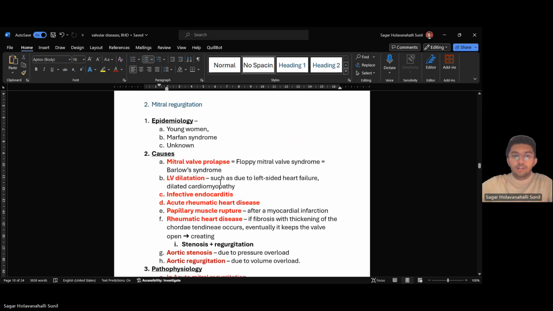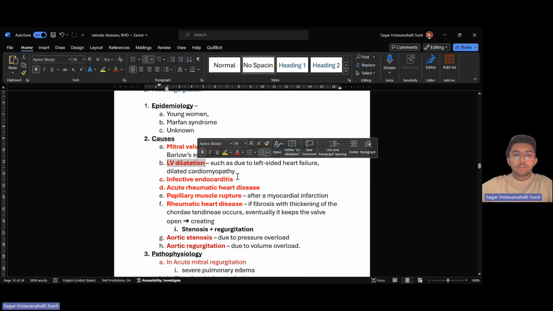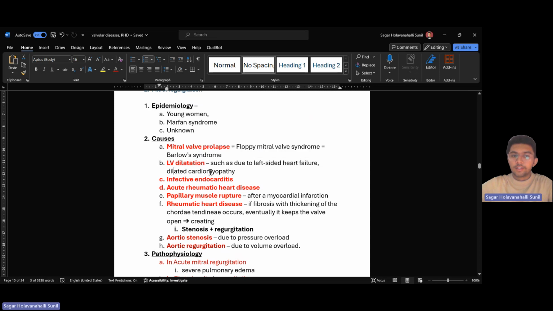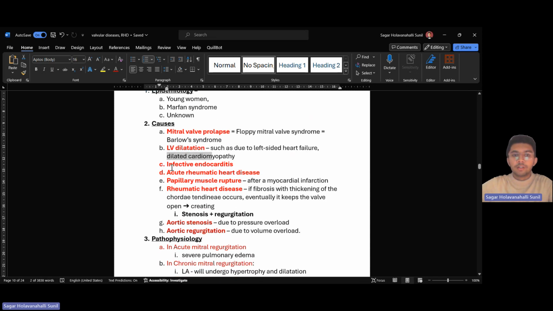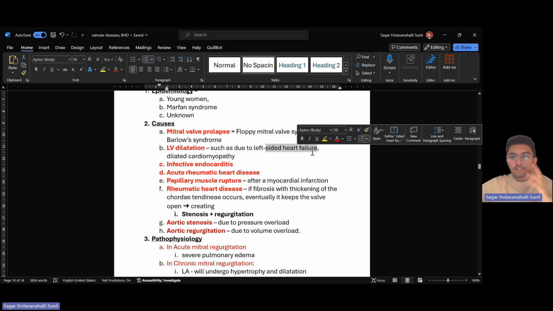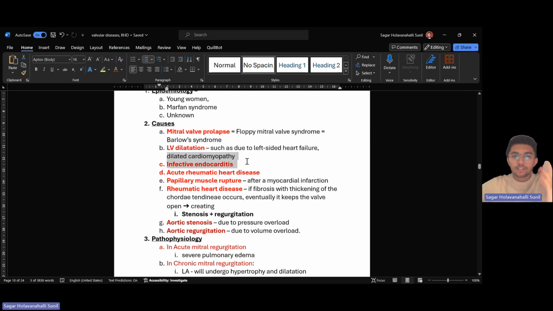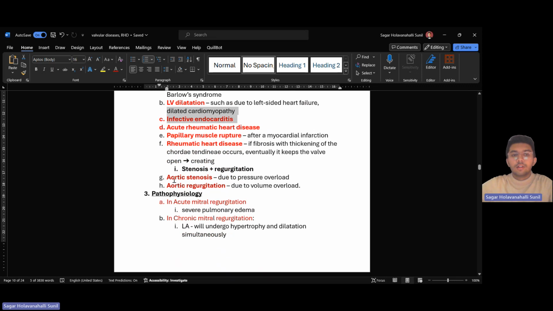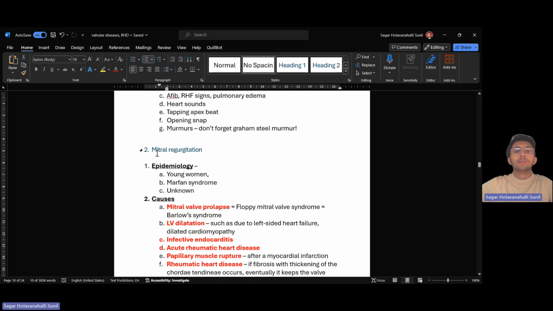The cause of LV dilatation over here could be left-sided heart failure, dilated cardiomyopathy, again typical inflammatory diseases. Papillary muscle rupture could also be because of myocardial infarction or left-sided heart failure, dilatation, etc.